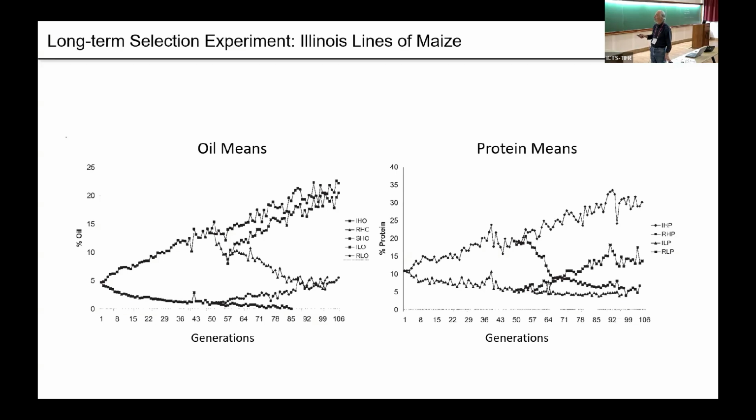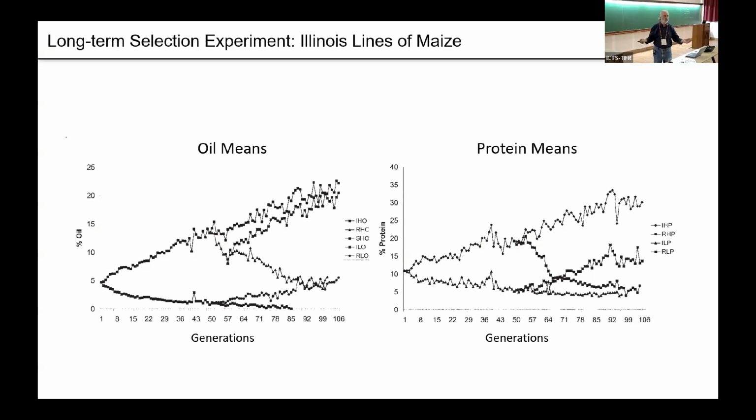Yeah, so what's being done in these experiments is there's four sets of lines. This is pathetic looking corn, by the way. This is before hybrid corn days. Okay, here's time 0, 1896, and then they've been selecting, I forget what it is, I think it's 10% upward and downward for oil content.